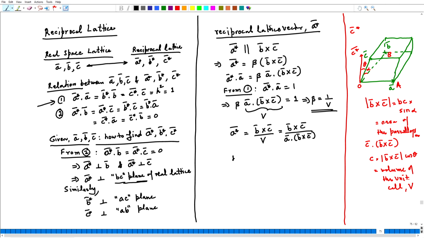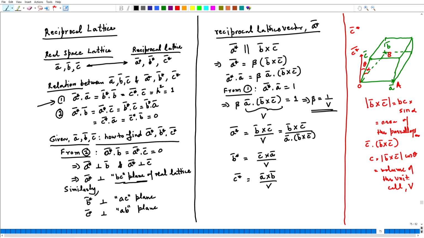So, the vector B star would be the cross product between C and A in real space divided by the volume of the unit cell. Vector C star can be written as A cross B divided by the volume of the unit cell.